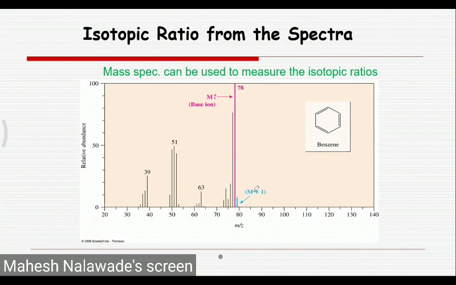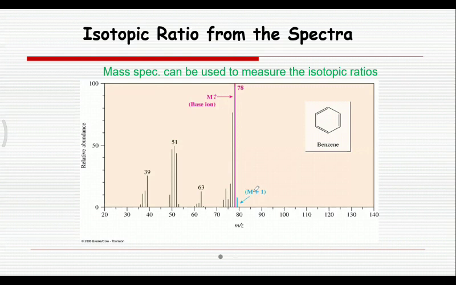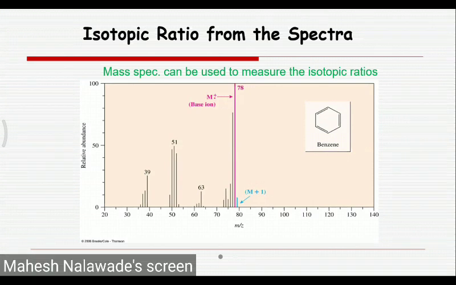Carbon 13 is only 1.1% as compared to carbon 12. If I consider the peak height of this as 100, then this will be only about 1 percent of that. So this is the m+1 peak observed in benzene because of the relative isotopic abundance of carbon and hydrogen.